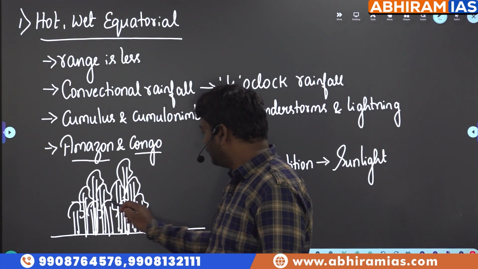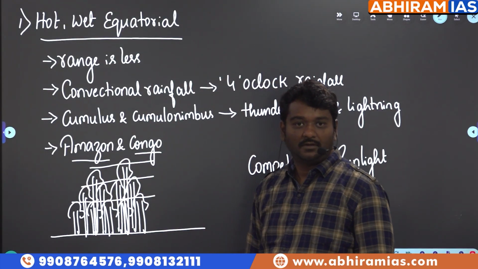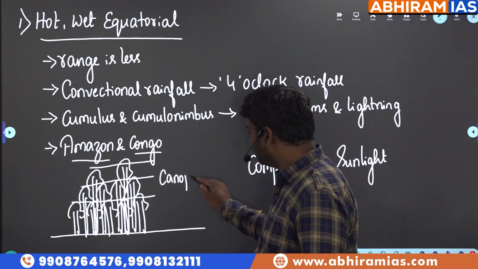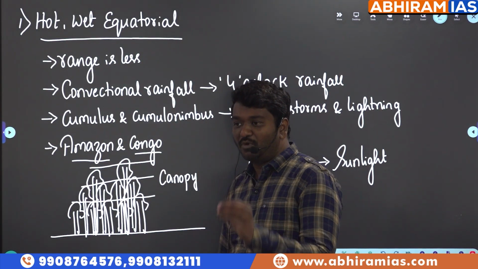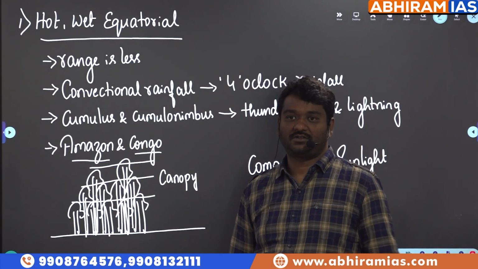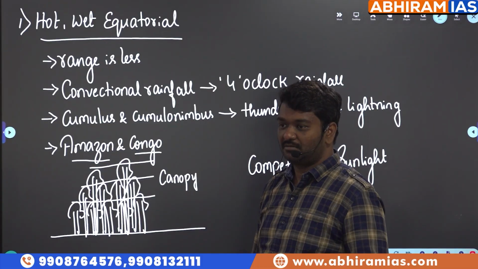Now, can you tell, will there be layers? If you have layers, what is the word you use? The moment you see the word canopy, it is equatorial forest, no other forest comes into picture.